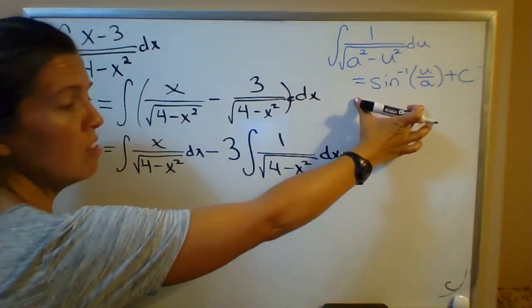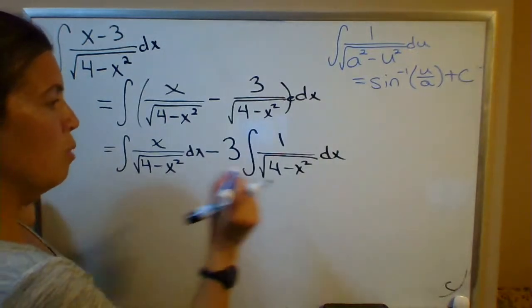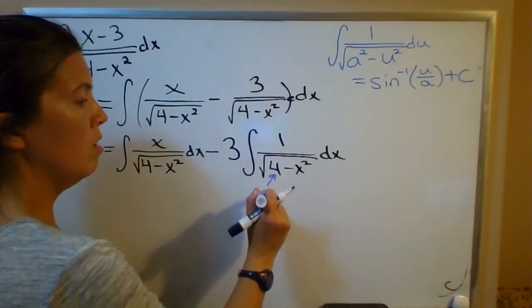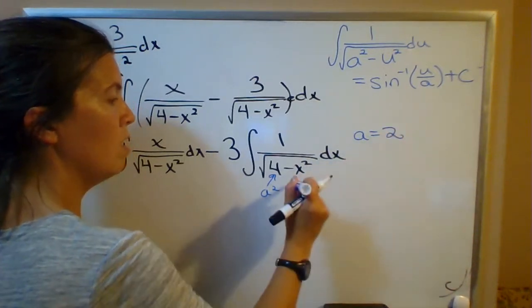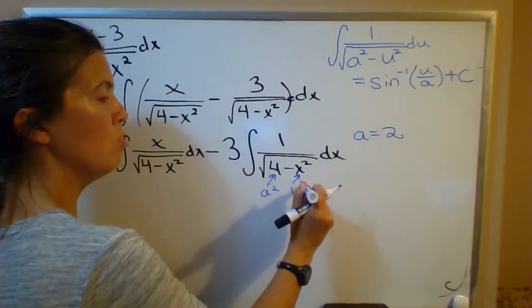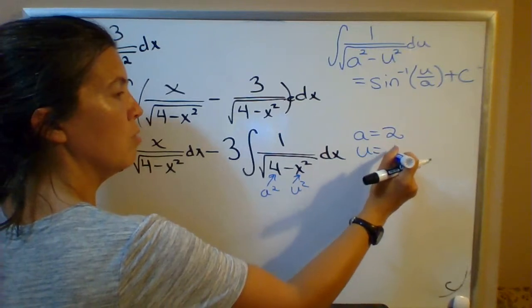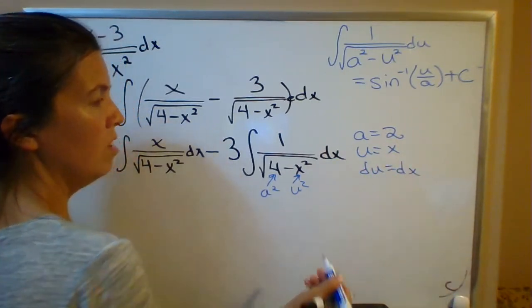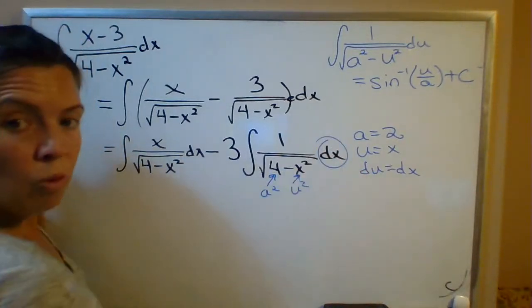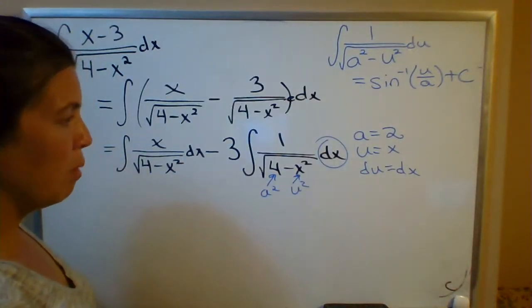We can go straight to this integration formula. If this right here is a squared, then a is equal to 2. And if this right here is u squared, then u is equal to x, and du is just dx. So this is du right here. We don't have to make any adjustment for that.